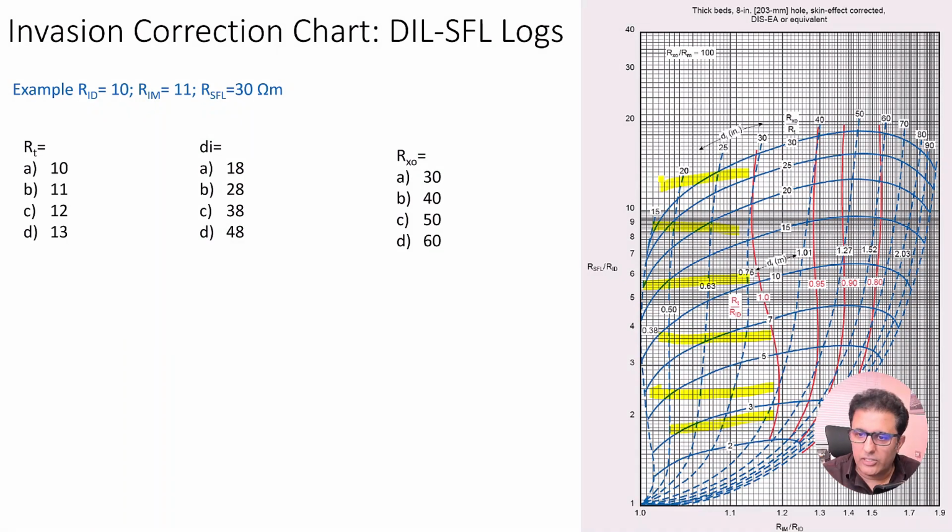If the intersection point falls here, it means that the red curve is 1. So what I mean is that RT over RID is equal to 1 in this region.